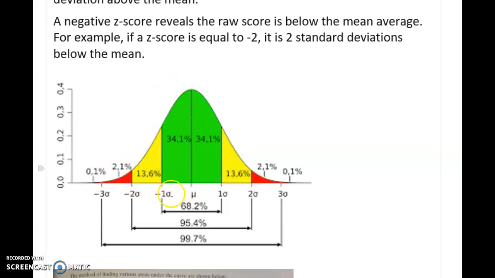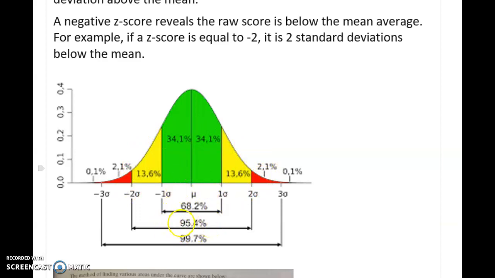What you will see is that for most of the data in any population, 68.2% of the data lies within one standard deviation of the mean. Then, if you go from a z-score of -2 to a z-score of 2, that gives you 95.4%.